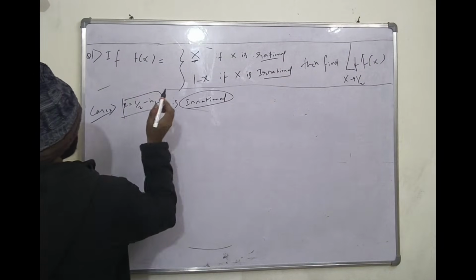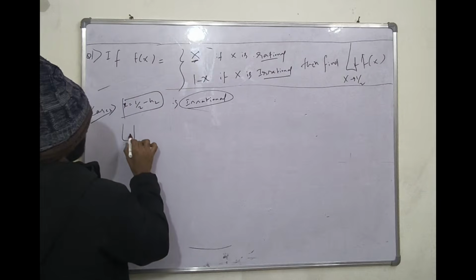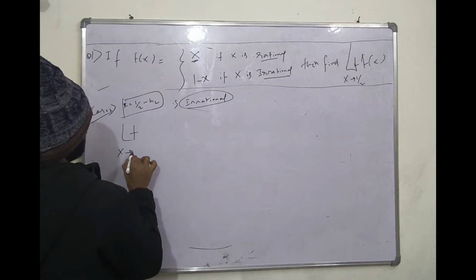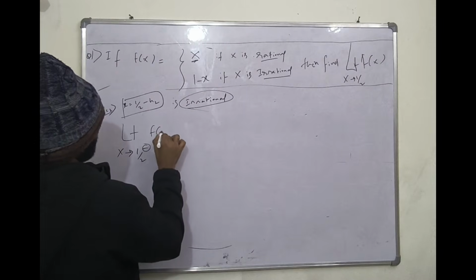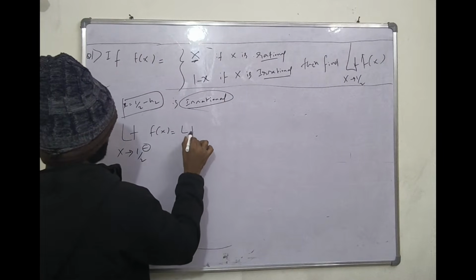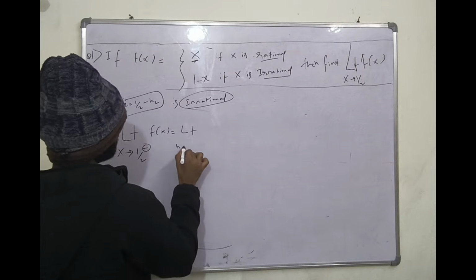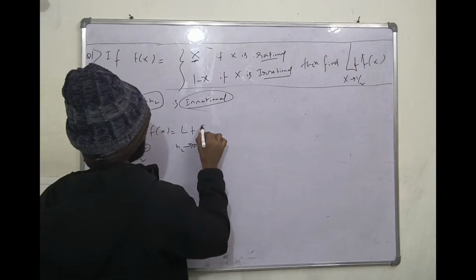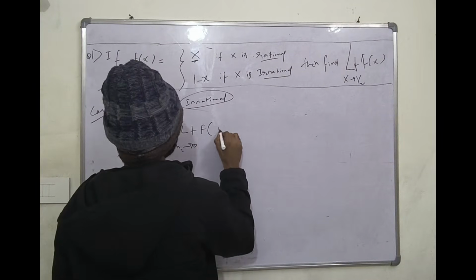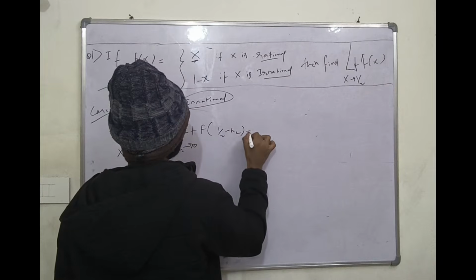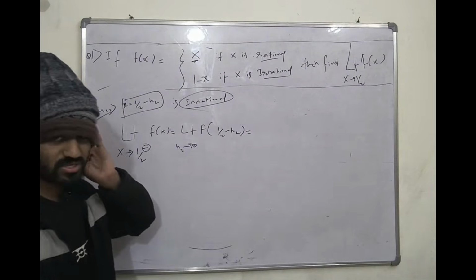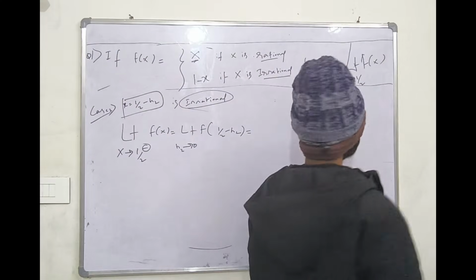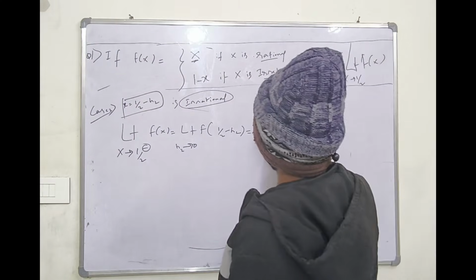So let's find left hand limit. Limit x tends to 1 by 2 minus f of x equals to limit h2 tends to 0 f of 1 by 2 minus h2 equals to, here 1 by 2 minus irrational, so our f of x is 1 minus x.